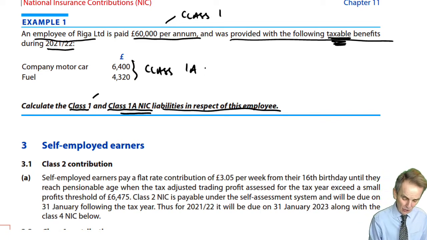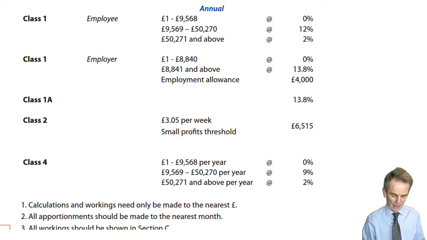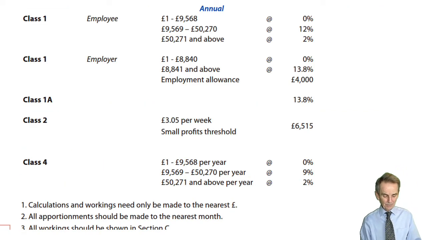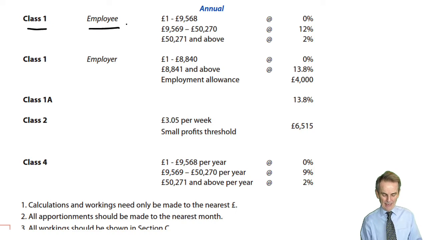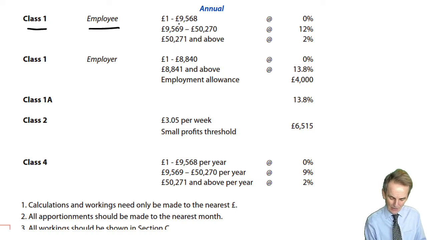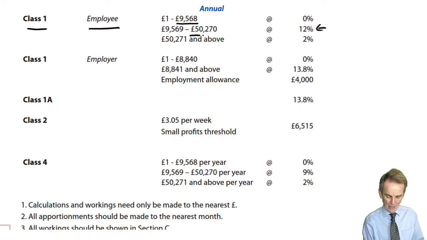I said to you that you don't have to remember those rates and allowances. Those are made available to you here. And here we've got Class 1 for the employee. As we can see, we've got that initial threshold of 9,568, below which we do not pay, and above which we then start to pay at 12%, but only up to an upper limit of £50,270.